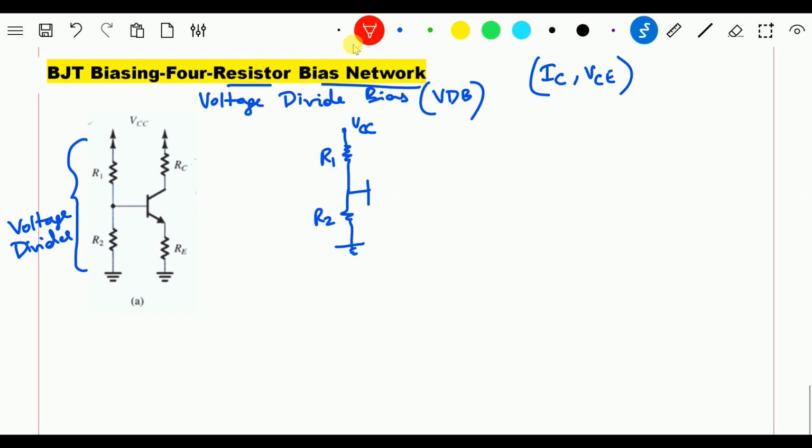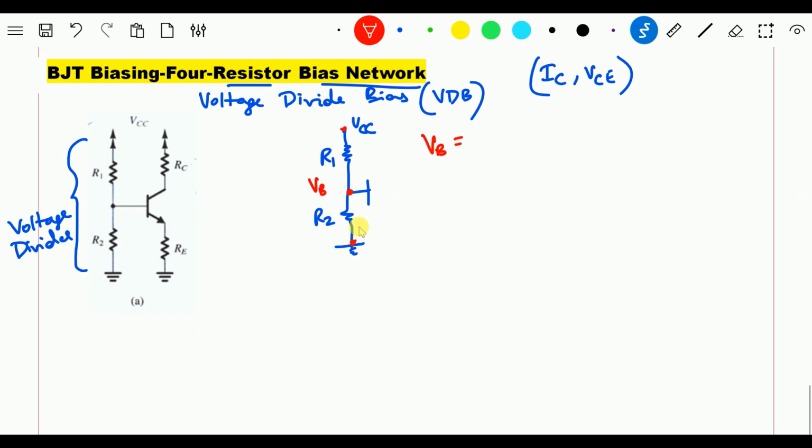Let me say this node is my VB, which is the base voltage. As we did earlier, the base voltage VB will be, according to the voltage division rule, the total applied voltage from here to ground is VCC. As you see in the circuit, the voltage across R2 is VB.